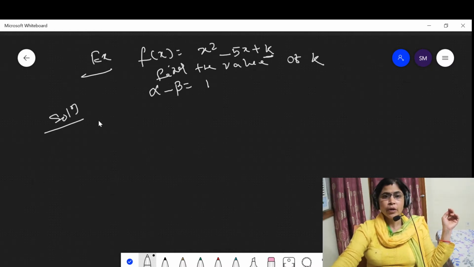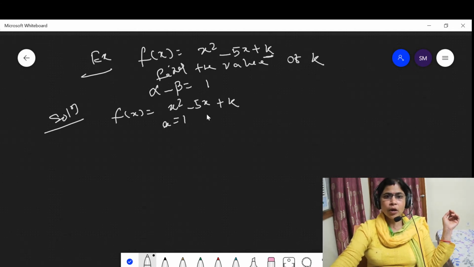Let us solve. The question is given: f(x) is equal to x square minus 5x plus k. Here a equal to 1, b equal to minus 5, c equal to k.